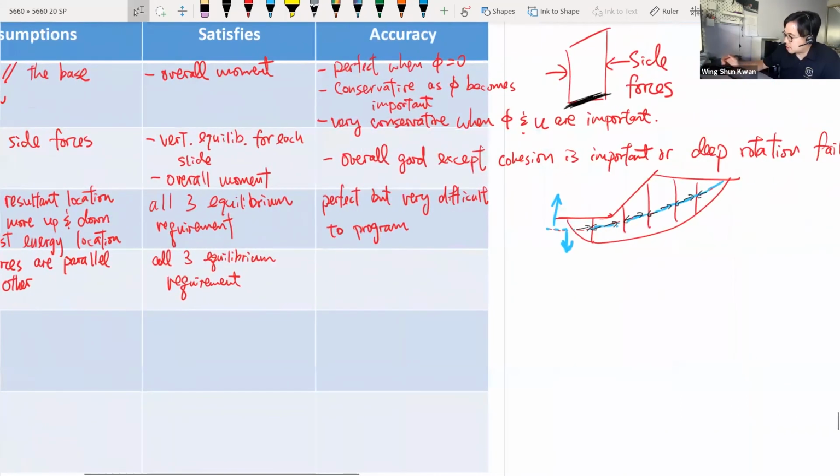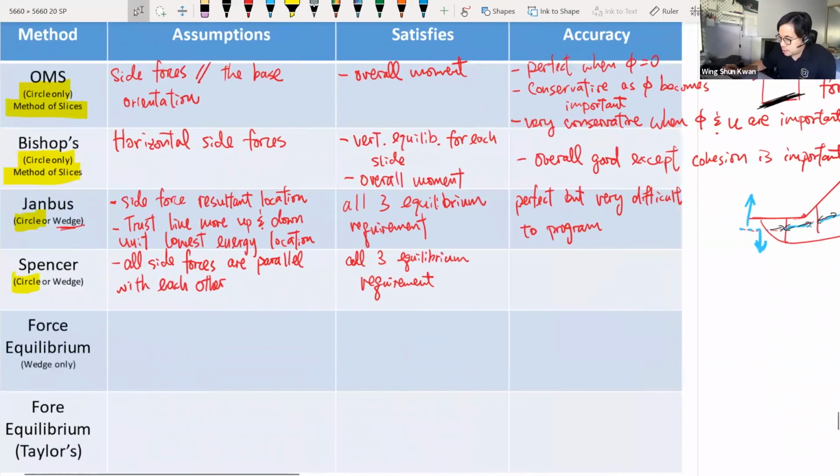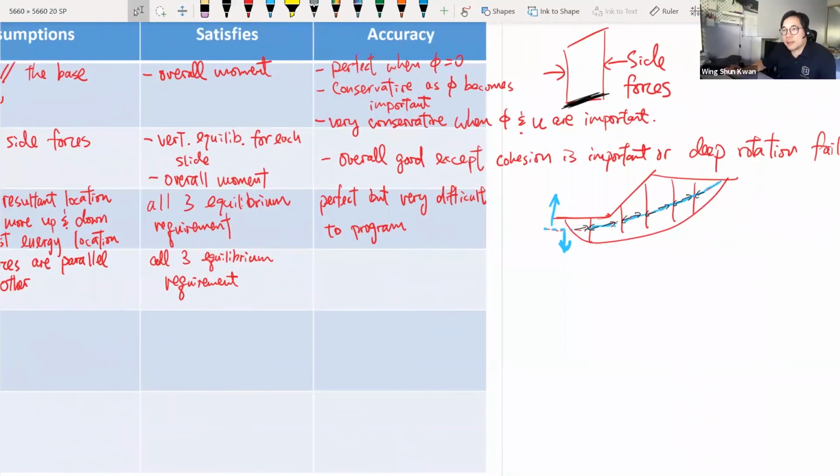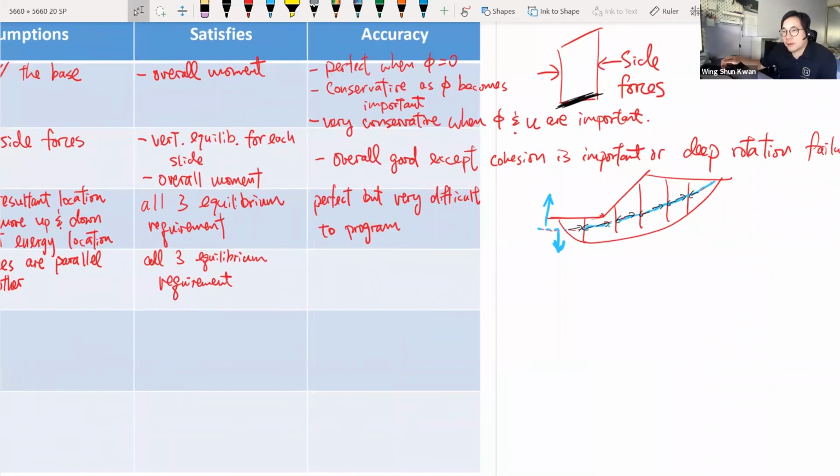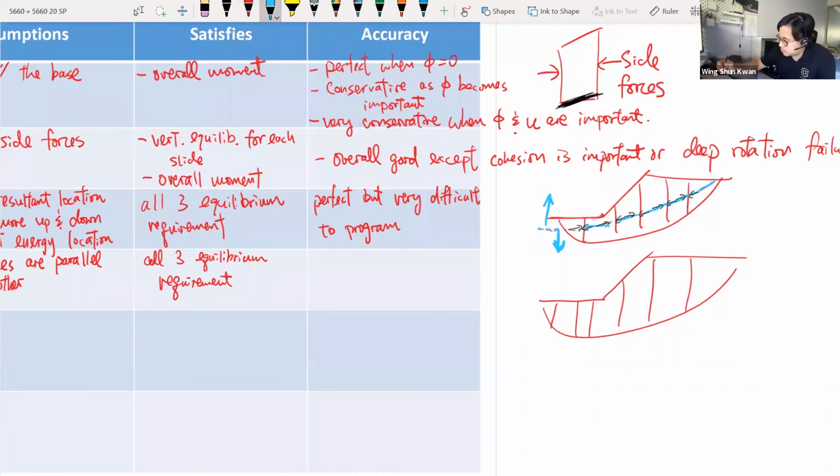Which means, well, when I draw this it seems parallel, but for the Janbu method it's not necessarily parallel. But for the Spencer method, they are parallel. So pretty much this is the Spencer method. For the other one, it can be something like this.